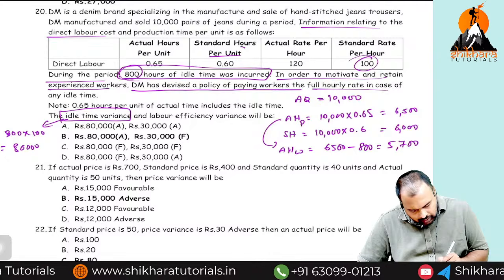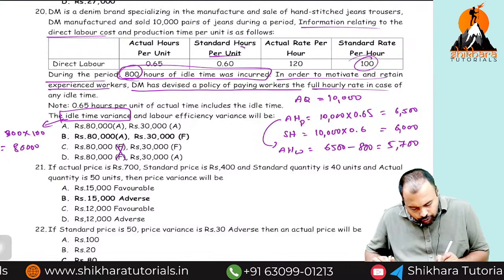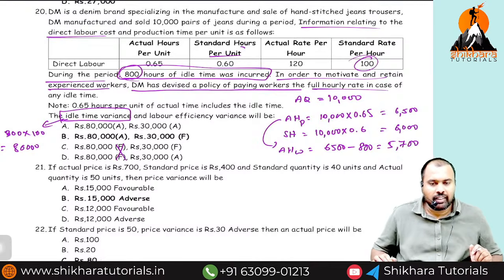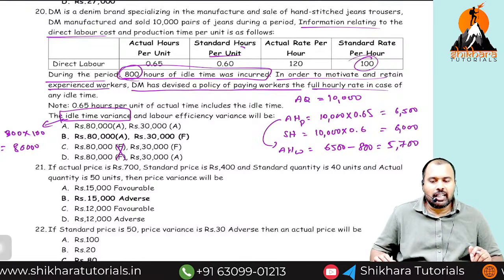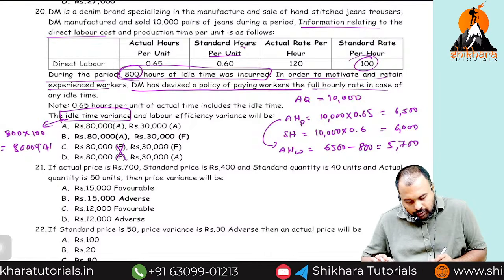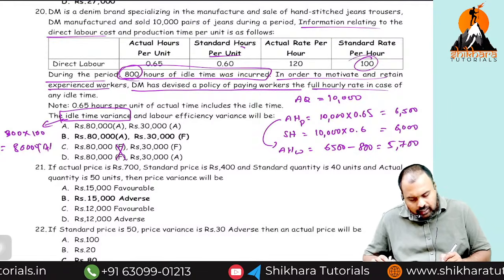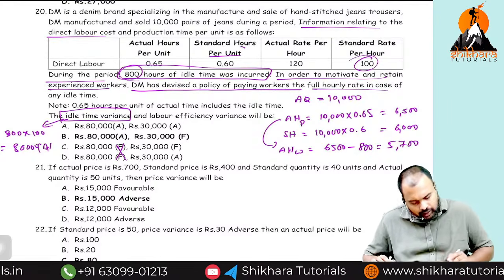And remember, sir, you need not calculate idle time variance, because in every case it is given as 80,000. Idle time variance can never be favorable. Then definitely 80,000 adverse. We need not do it, because you have to save some time. Just look at idle time variance. Every answer is the same, it has to be adverse. So we need not calculate idle time variance.